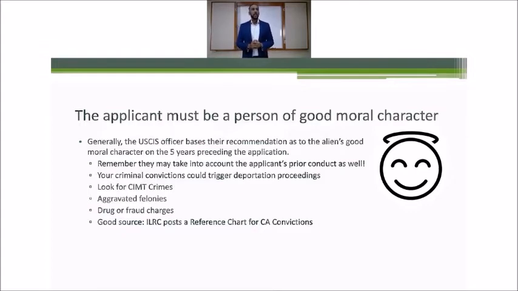And 75% of the time, our clients will say, I don't have those records. That was a painful time in my life. I have no idea where those original documents went. The difficult part of retrieving those records is that you have to go to the county where the conviction occurred and request your records.